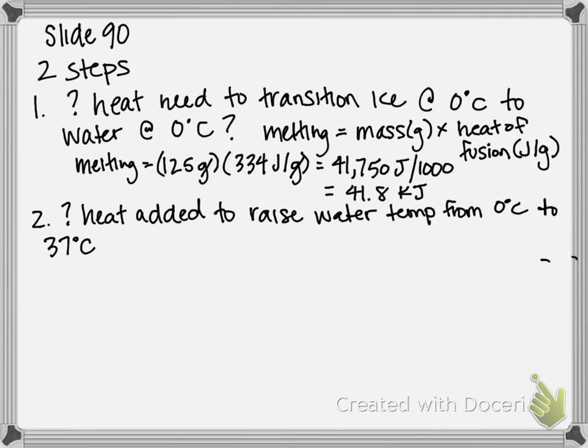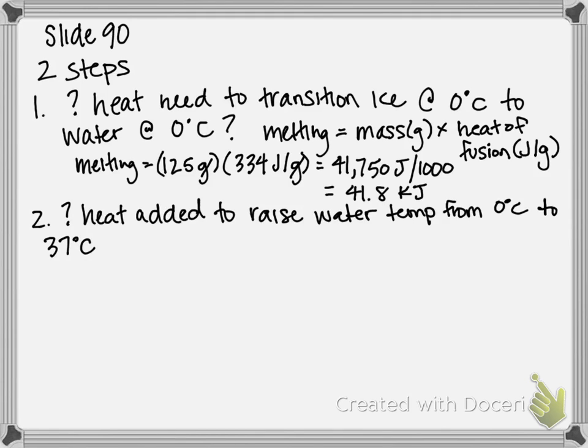Now this requires a second type of equation, and if we go back to slide 86, we're going to be looking at the liquid equation, which we have used in a previous chapter. It's basically mass times change in temperature times specific heat equals energy amount.